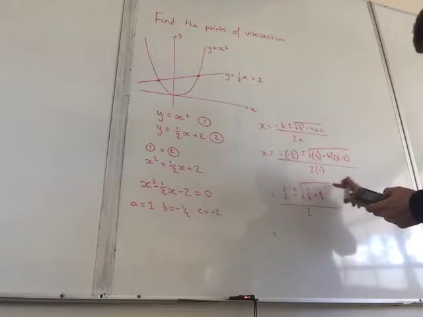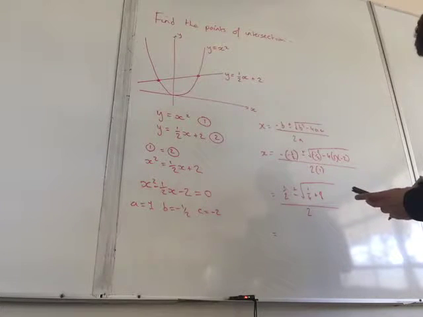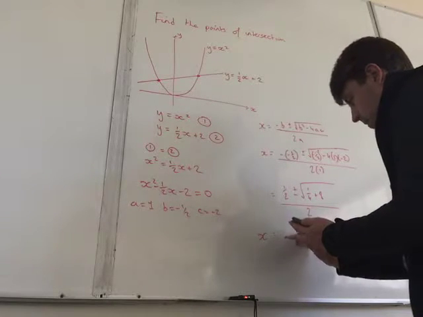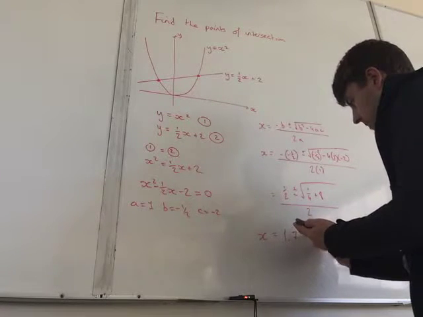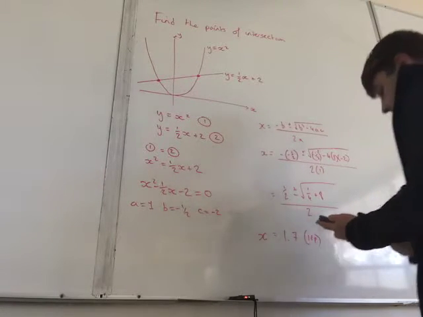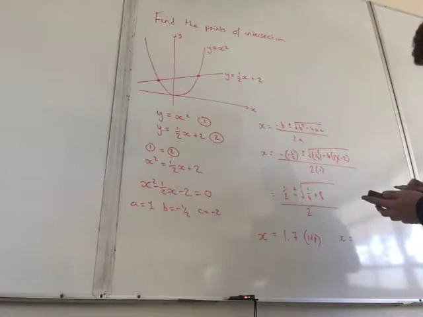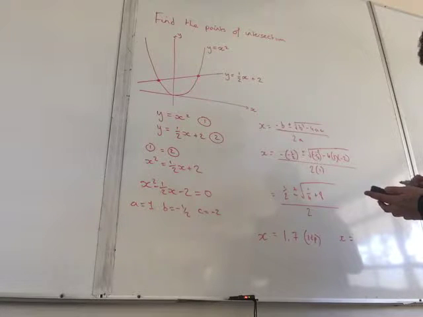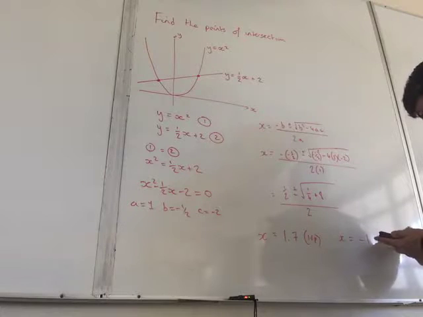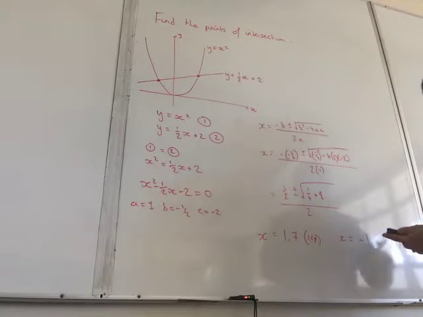Make sure that's all under the square root, all divided by 2. So x equals 1.7 to 1 dp. And remember it's plus and minus, there are two solutions: x equals negative 1.2 to 1 dp.